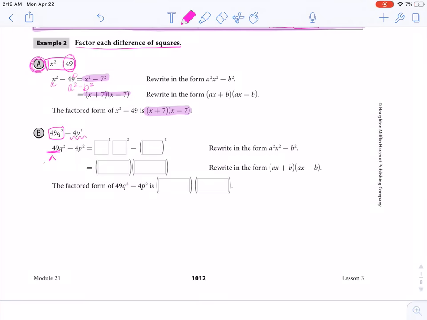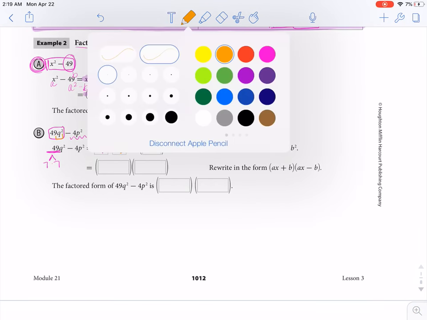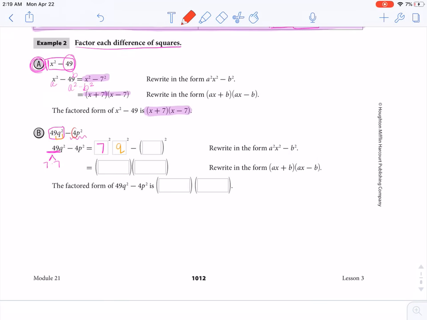The perfect square is going to be 7 times 7, and so we will have 7 squared. And if we break down q squared, we get q squared. Then I'm going to break down my 4p squared, and so I get 2p, and then the quantity of that squared.